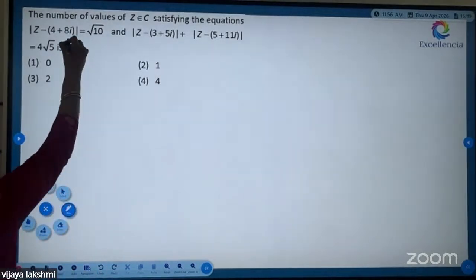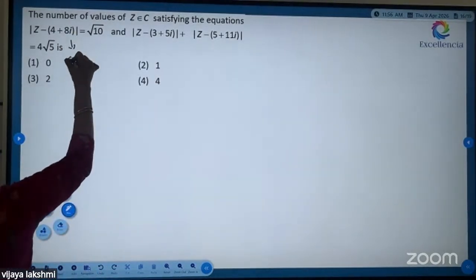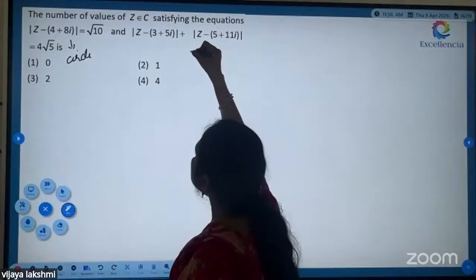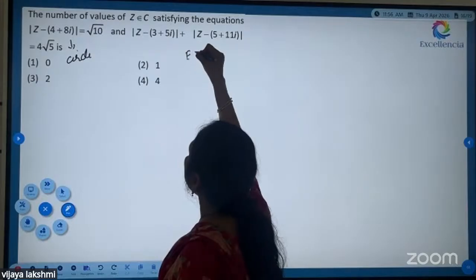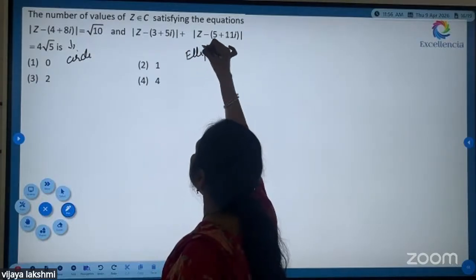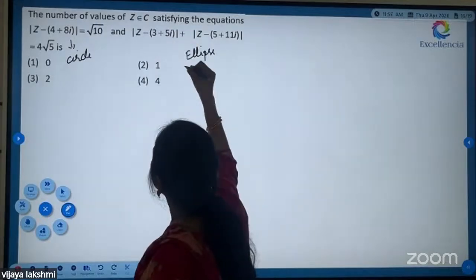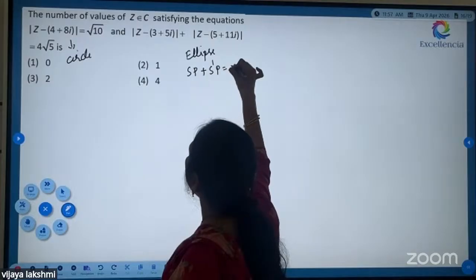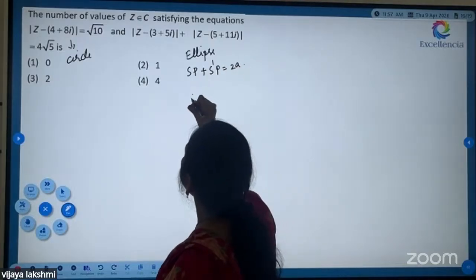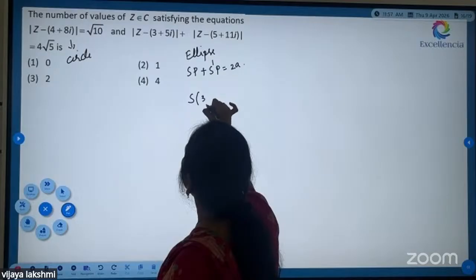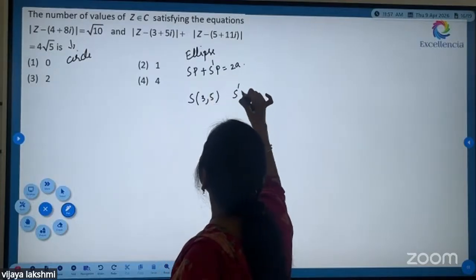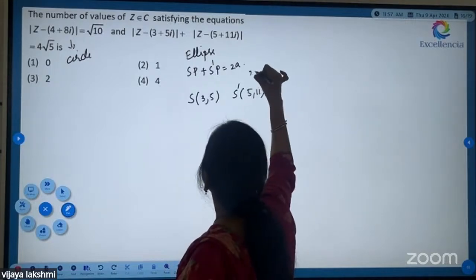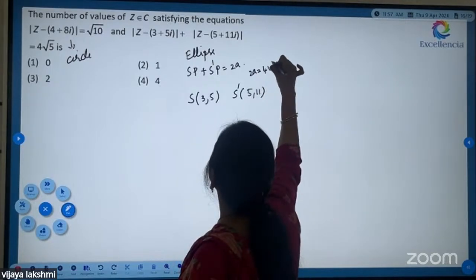This is nothing but a circle. So we have here also B, and this is nothing but in the form of C plus, there is D. S is 3 of 5, S dash is 5 of 11, and 2A is nothing but 4 to 5.